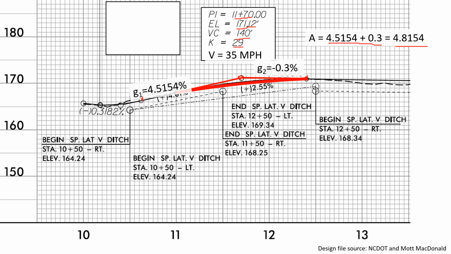And if we go back to our K value, that rate of vertical curvature, that corresponds to a design speed of 35 miles per hour. When we go to the AASHTO Green Book, we look for a crest vertical curve, because the shape of this curve is a crest. So that 29 corresponds to 35 miles per hour design speed, and we'll see that come up when we get into the details of solving this problem as well.